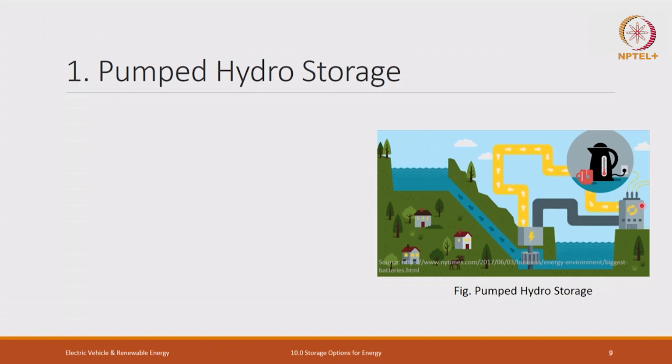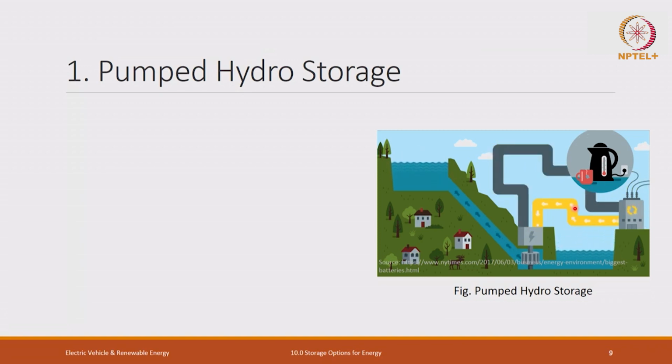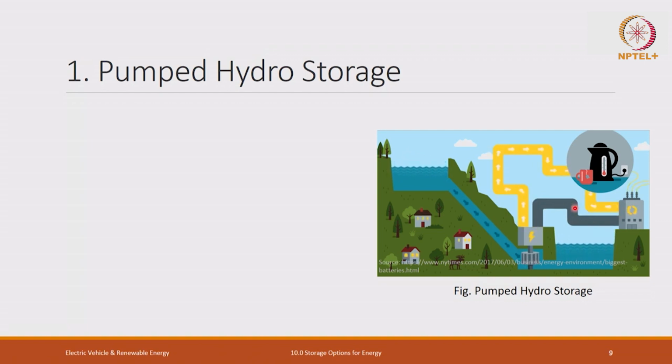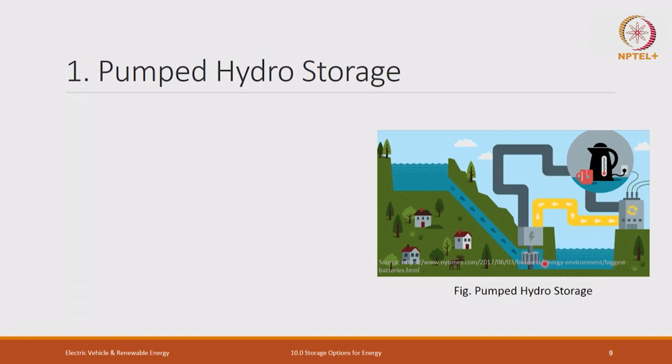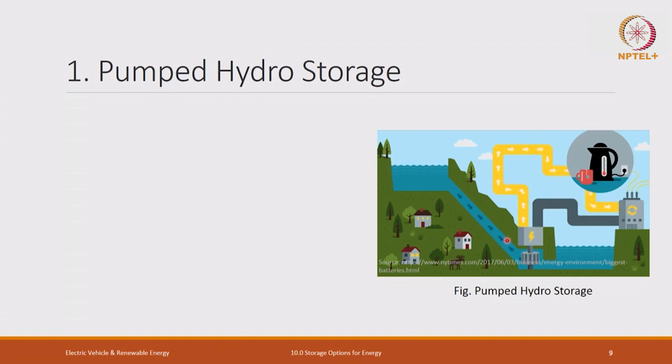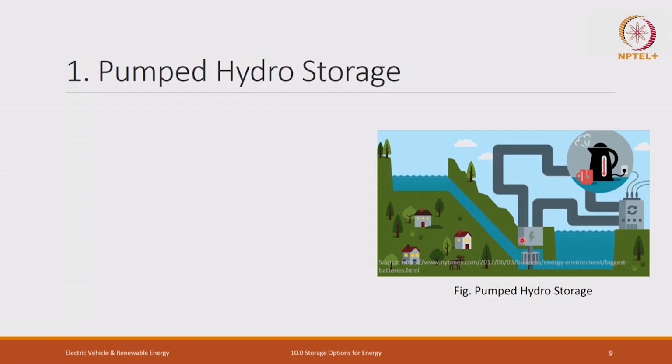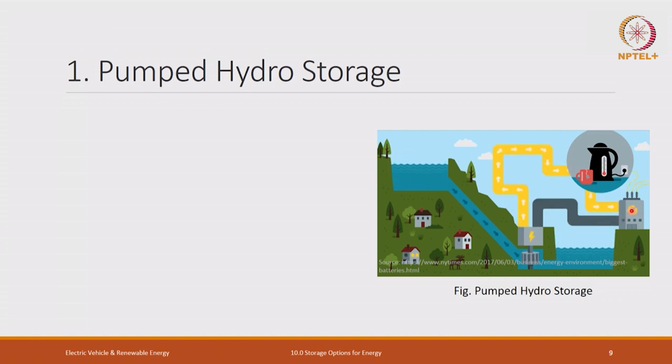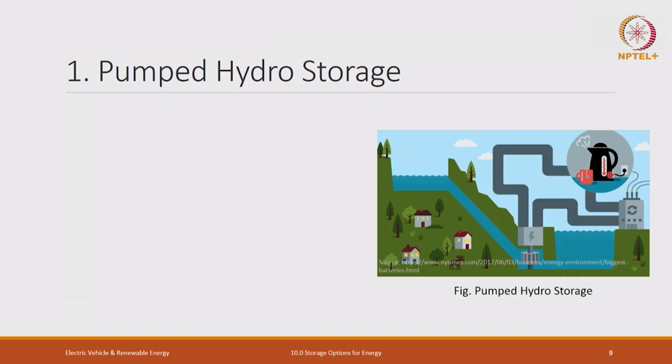Now whenever this grid fails, or we don't have sufficient generation capacity or the energy available at that time, we have a turbine and pump combined together, and this turbine acts as a generator and produces electricity, which feeds our home.